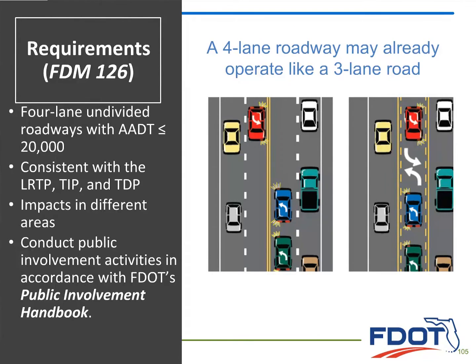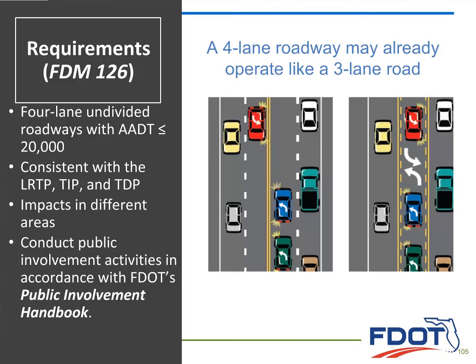So what could be a good candidate for lane elimination? Well, on the screen we have an example of a 4-lane roadway which already could be operating like a 3-lane road. So you can convert a 4-lane roadway into a 3-lane road, or 2 lanes and a double left turn lane.